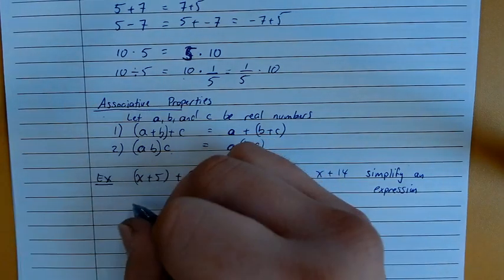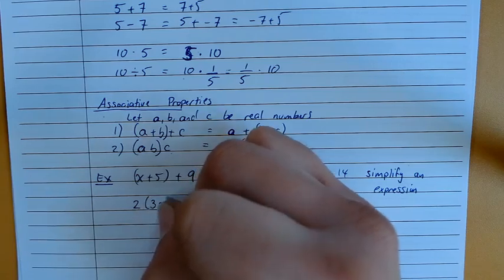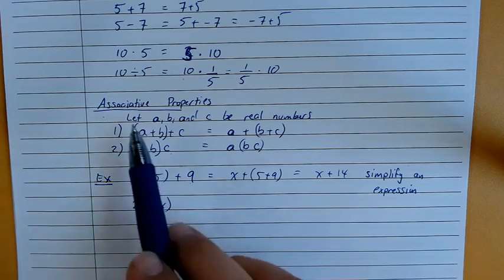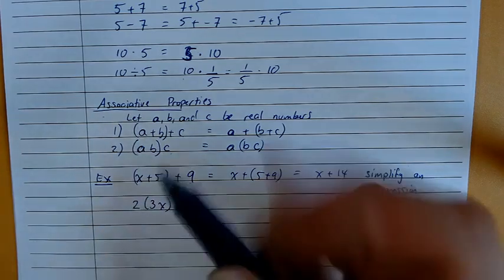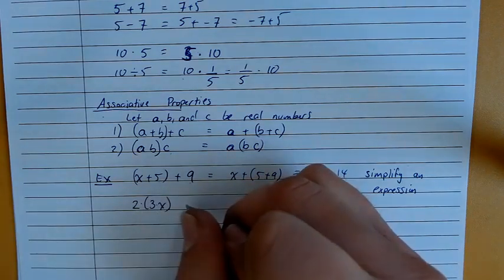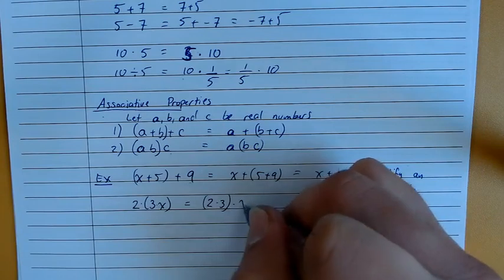Likewise with multiplication, if we had 2 times 3x, well again, order of operations tells me I'm supposed to multiply those first. But I can't because I don't know what x is. So 3 times x is, well, it's 3 times x. I'm not sure what else to do. But the associative property allows me to regroup this. So that instead of saying 2 times the quantity 3 times x, I can say the quantity 2 times 3, times x.